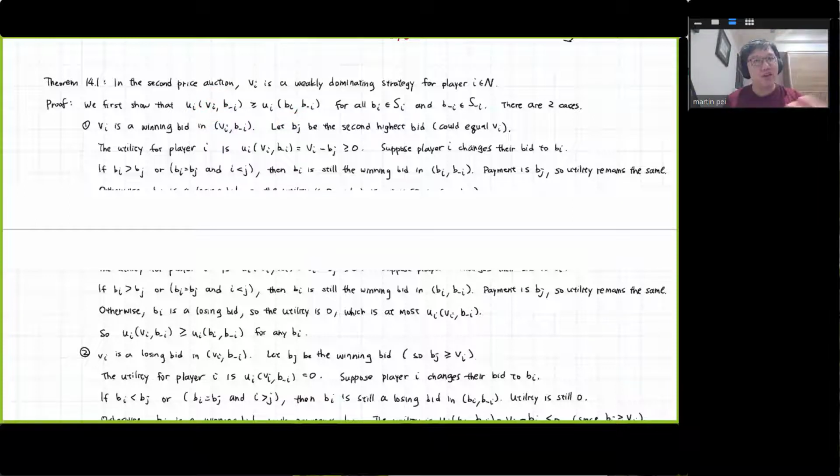So it could be higher or it could be lower, right? So if you're winning and then we bid anything higher, then nothing really changes. We are still winning and we still pay the same price. Utility doesn't change.